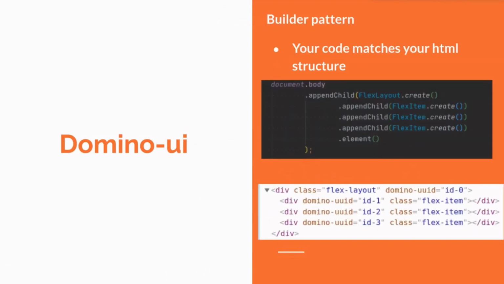Next one, builder pattern. What does this mean? If we look here, we have a snippet of code and the generated HTML from this code. You can see that you have this hierarchy in the code, and it matches the hierarchy in your HTML. So while you are writing the code, you have an idea how it should be implemented in your HTML, how it should look inside your page, which elements go inside which other elements.